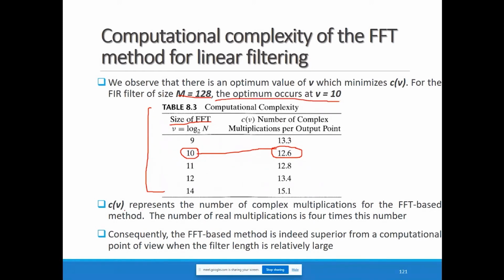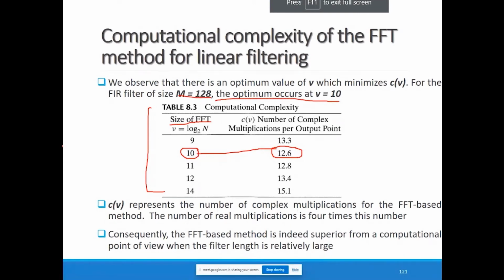By calculating this, we find where we get the lowest value of complex multiplication, and we select that size of FFT. So for this particular example, we select v is equal to 10, which gives 12.6 complex multiplications per output point.